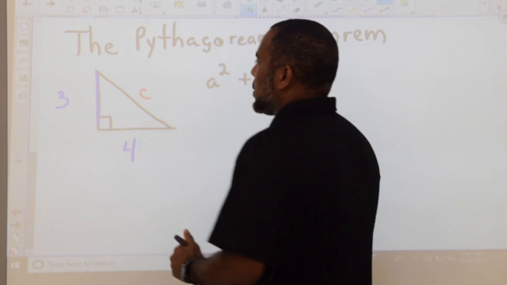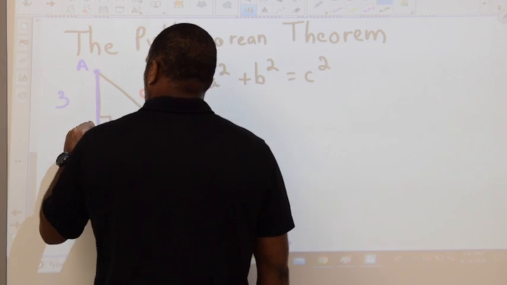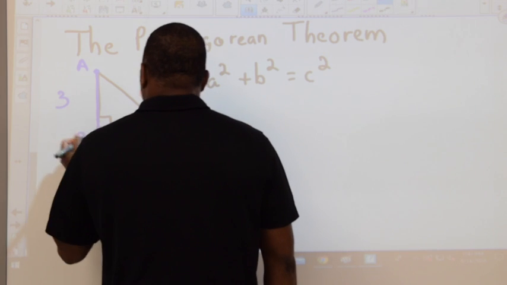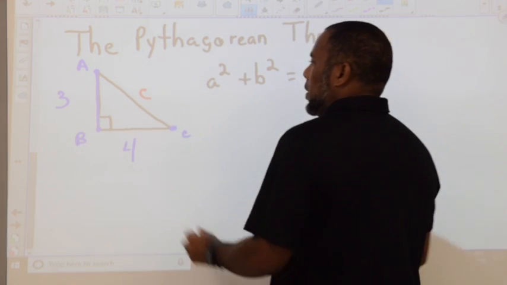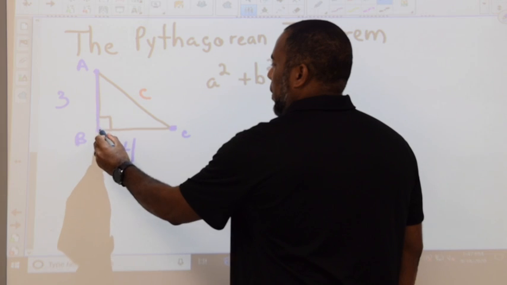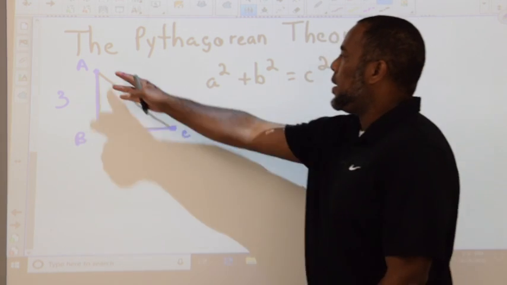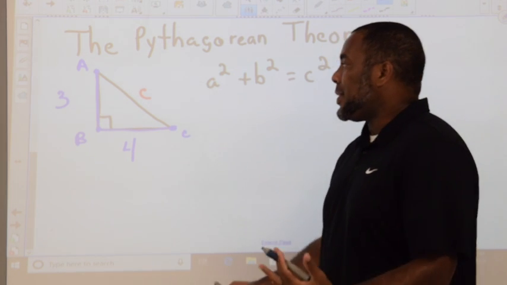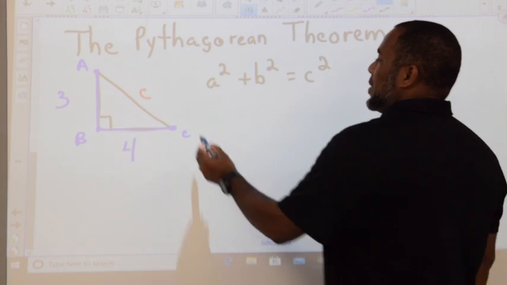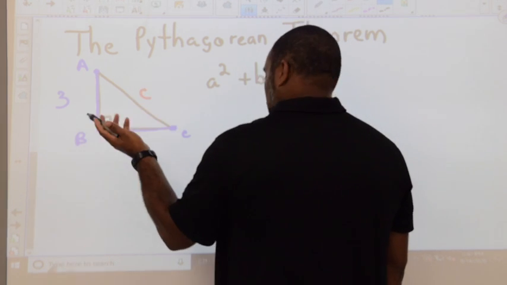I like to say this is point A, this is point B, and this is point C. So here AB is 3, B to C on that line segment is 4, and from A to C is some distance that I don't know.